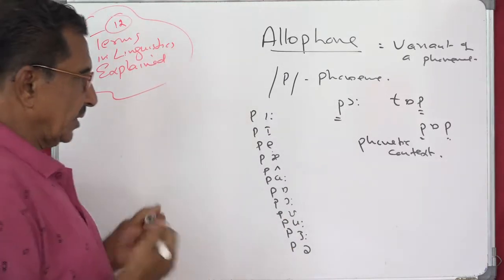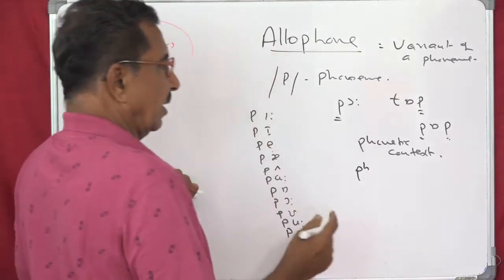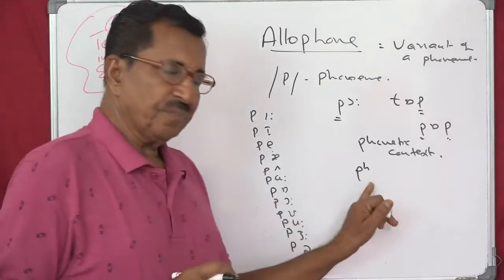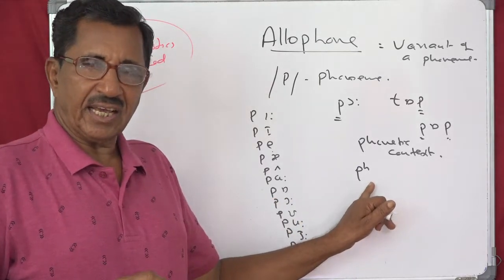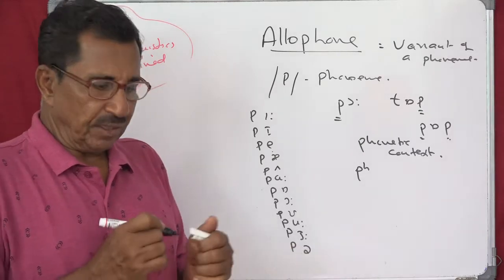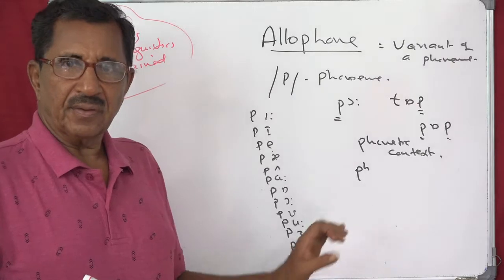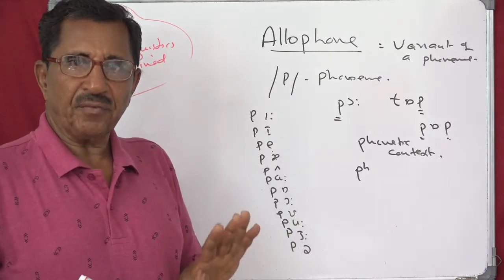Another clear example is, you might have come across this symbol, P and a small h as a diacritic. This means it is aspirated. Aspirated means when you pronounce this P, it is accompanied by a puff of air.